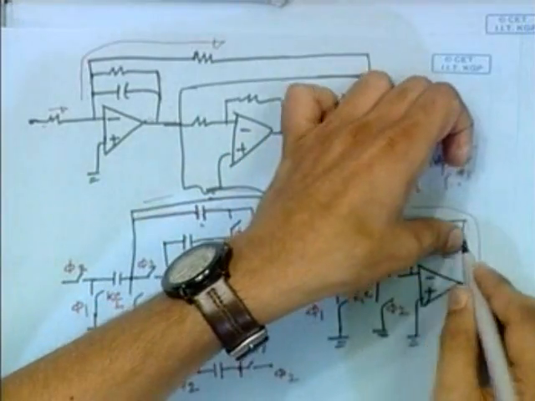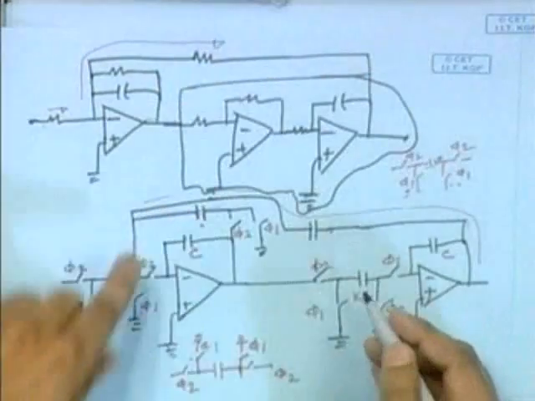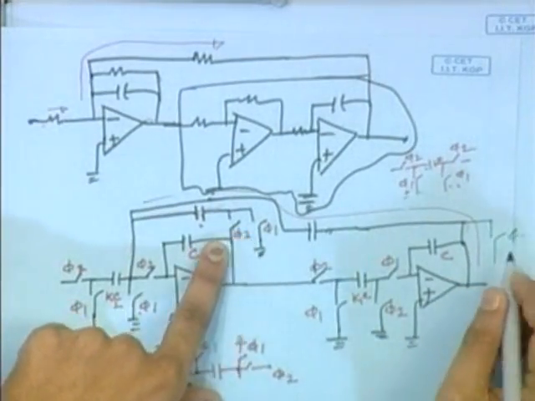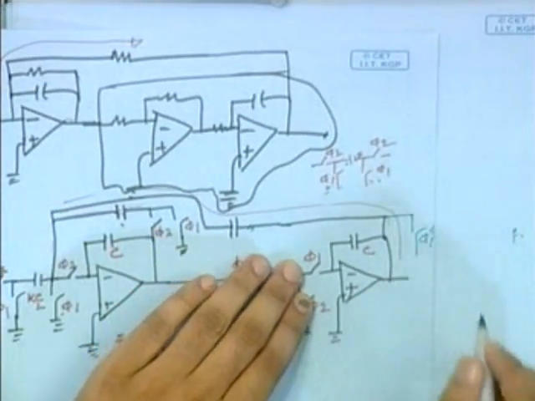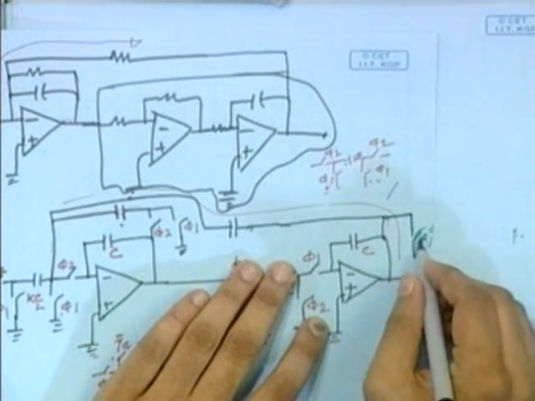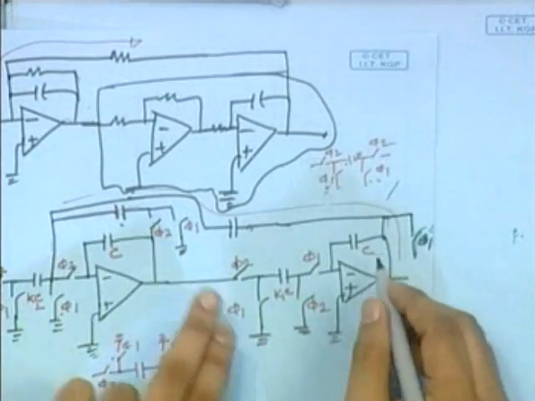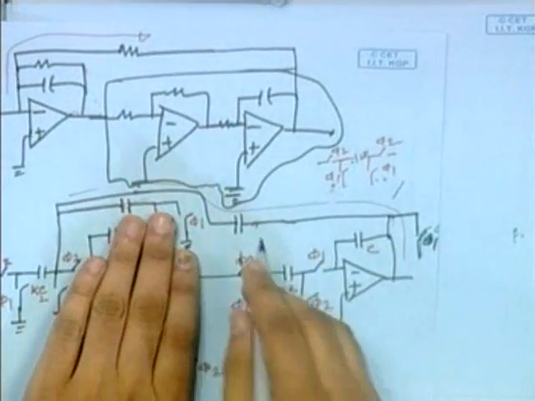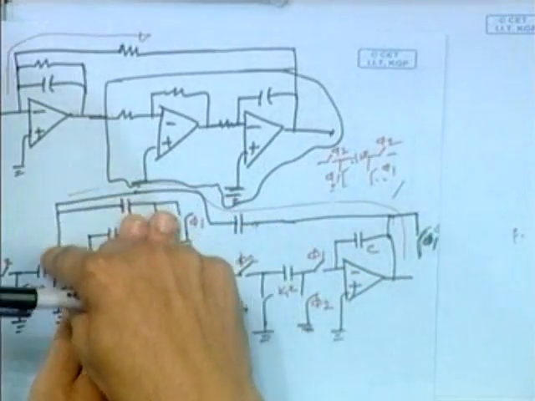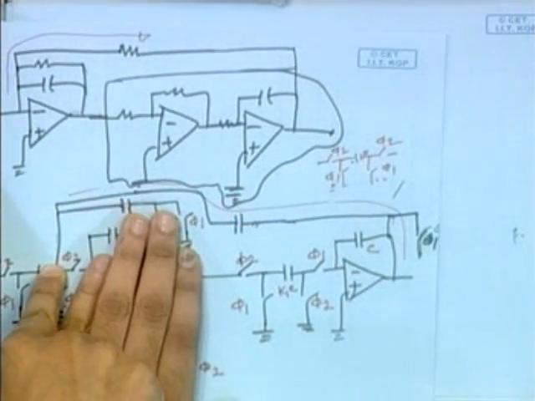Now again see. Now if this is phi 1, this capacitor. So here same thing. This is phi 1. Sorry. I mean, this is the feedback capacitor. Now this is also inverting case.